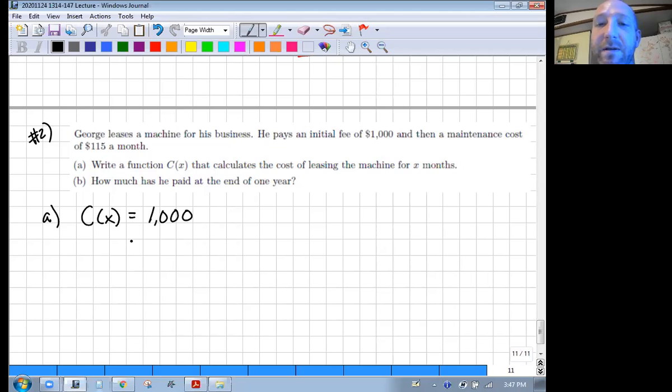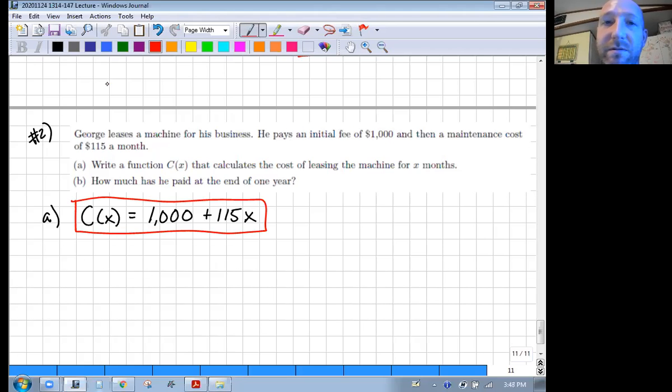So if you plug a 0 in, you get 1,000. But now he has a maintenance cost of $115 a month. So we need to take 115 and multiply it by the number of months. So the number of months times $115 a month plus the $1,000 fee. So that is our equation.